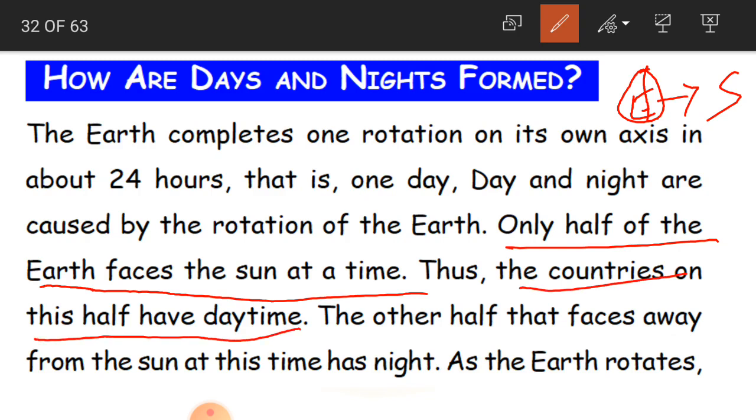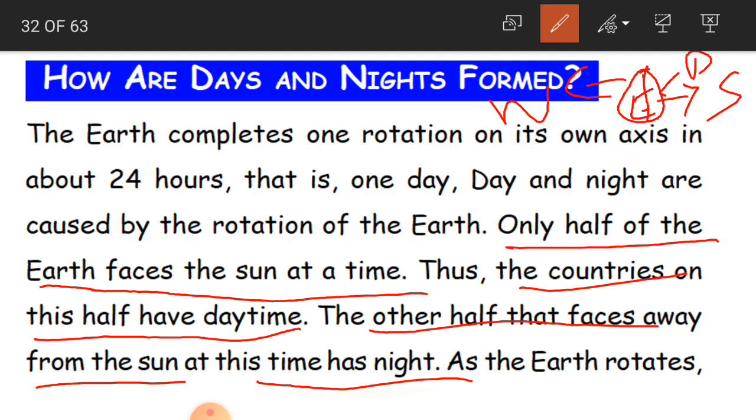So what are all the countries we are having on this side, on this part? They will be having the daytime. Okay, children, and the other half, which faces away from the sun at this time, has night. So this side countries will be having night and this side countries will be having the day because this half is exposed to the sun.